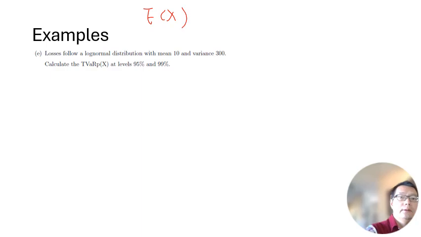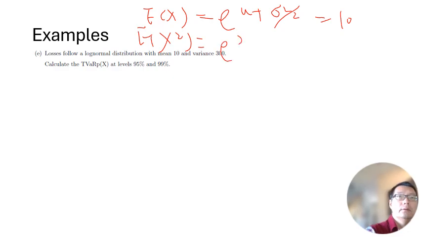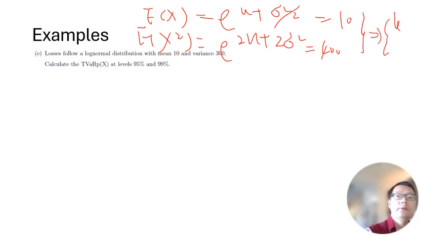We first find E[X] based on the lognormal distribution, and E[X squared]. From here we can get mu is equal to 1.6, omega is equal to 1.1774.